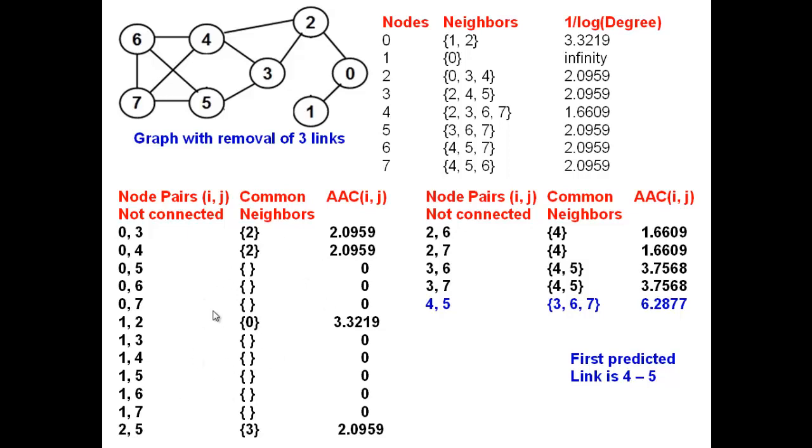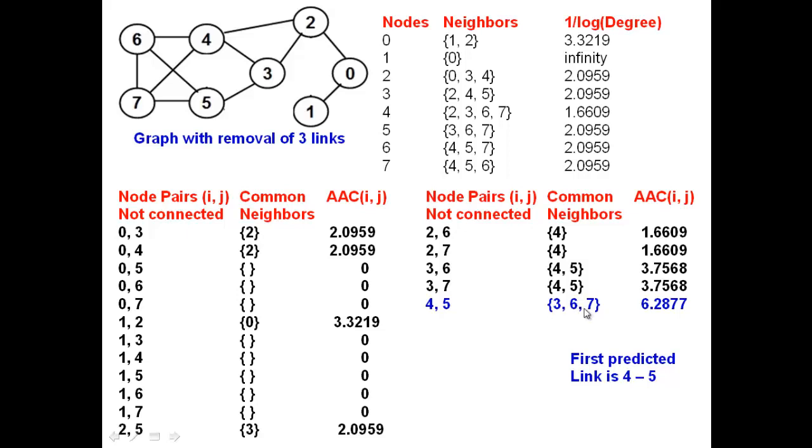Now for node 0, the value of 1 over log degree is 3.3219. The value for node 3 is 2.0959. For 4, it is 1.6609. For 4 and 5, 1.6609 plus 2.0959 is 3.7568.